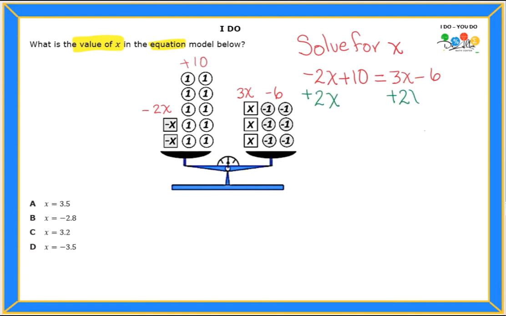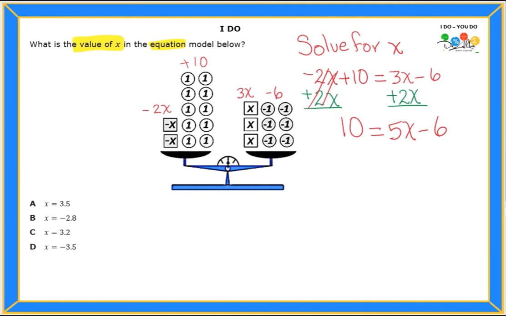Whatever I do on one side, I do to the other side. My 2x's are going to cancel, and I end up with 10 equals 3x plus 2x gives me 5x minus 6.